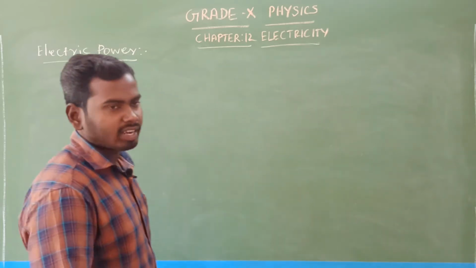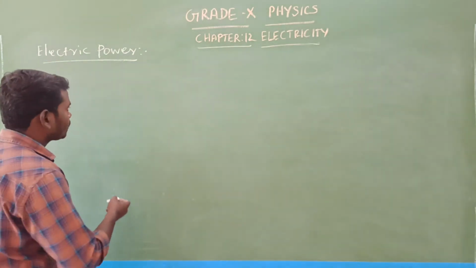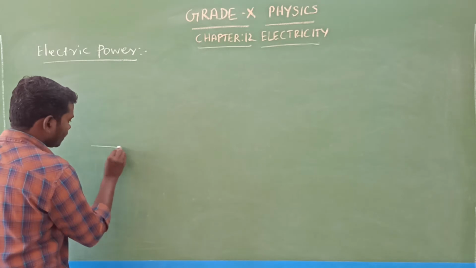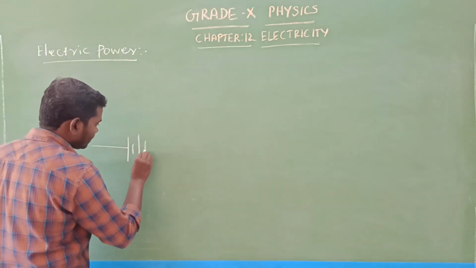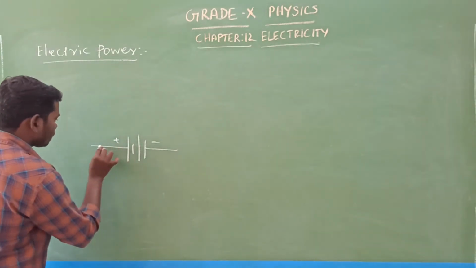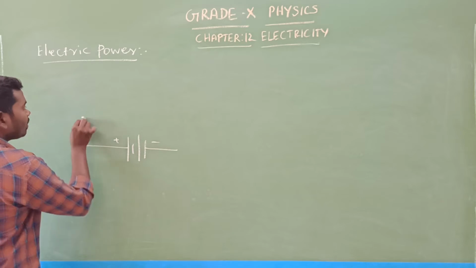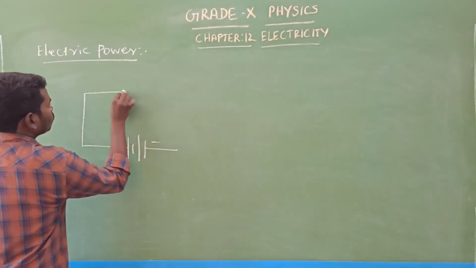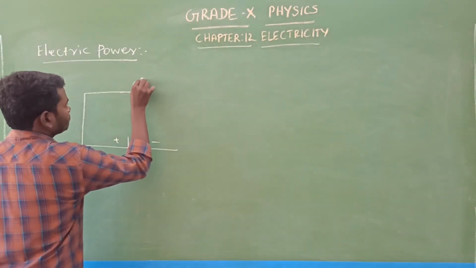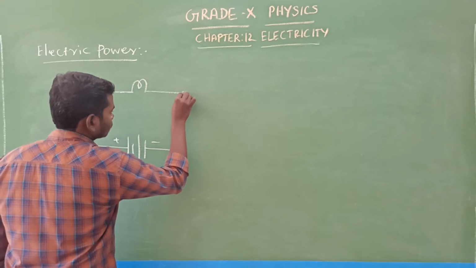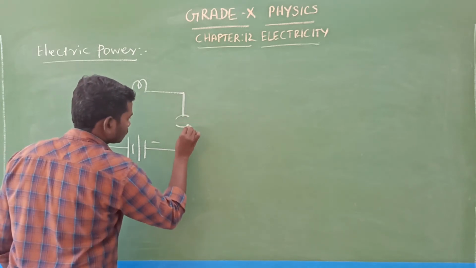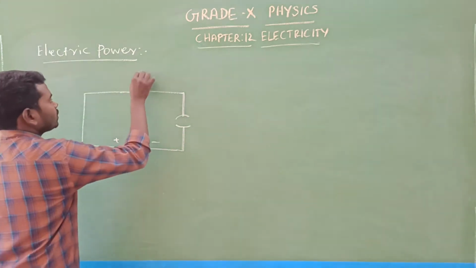So let's get started with an example. Consider an electric circuit. The battery is here. Connect the electric bulb along with the two terminals of the battery. This is the electric bulb.